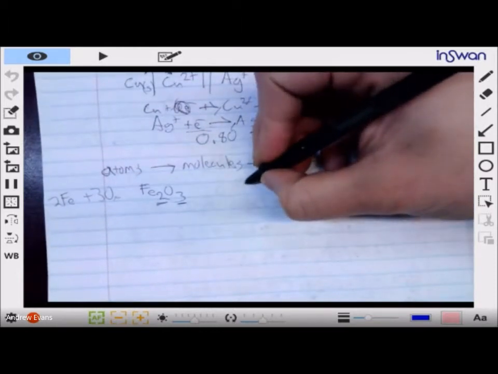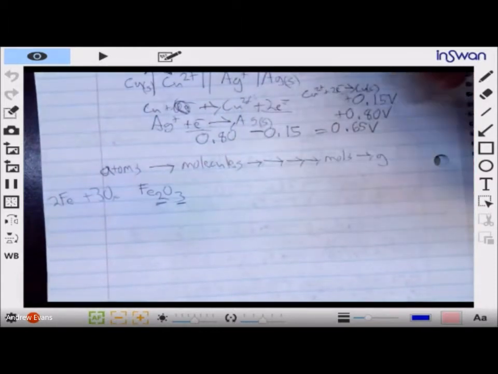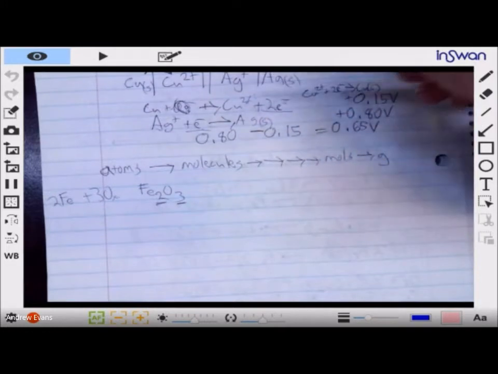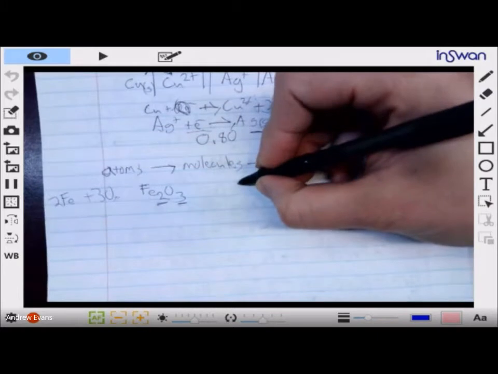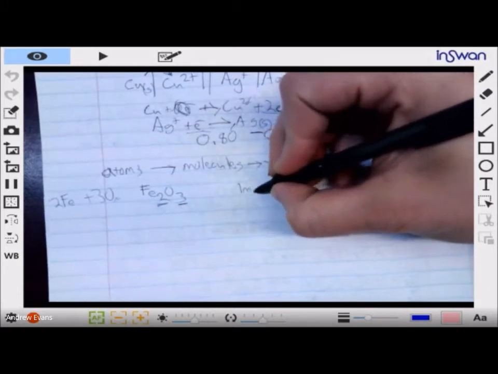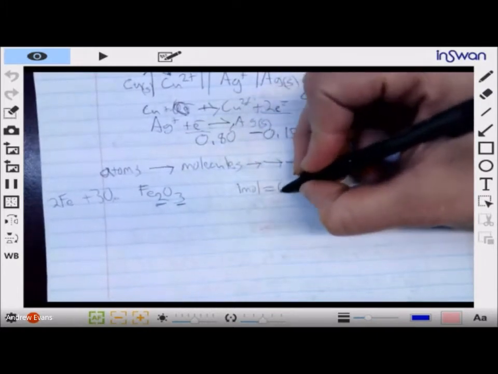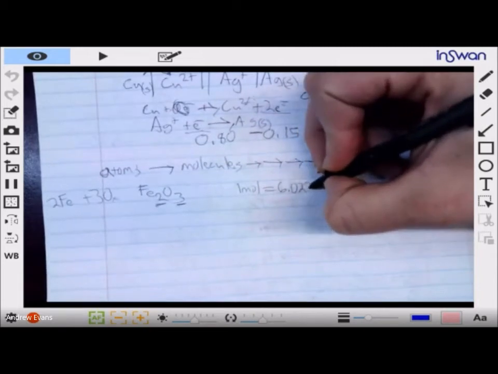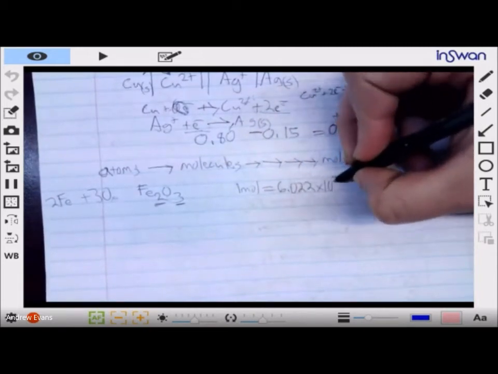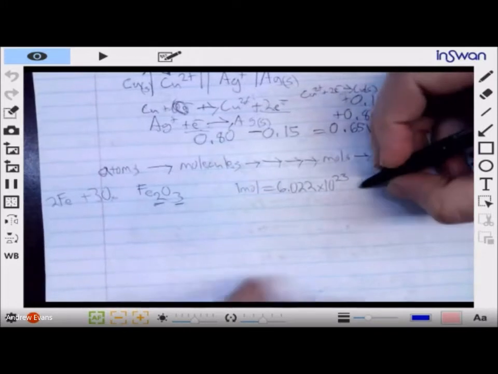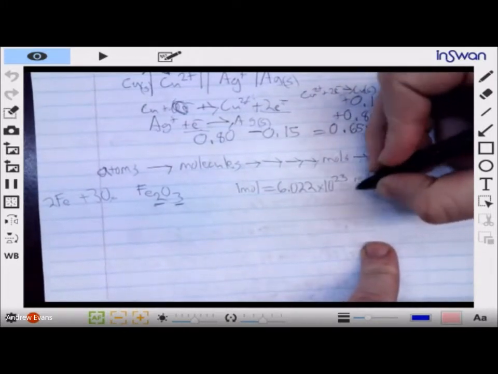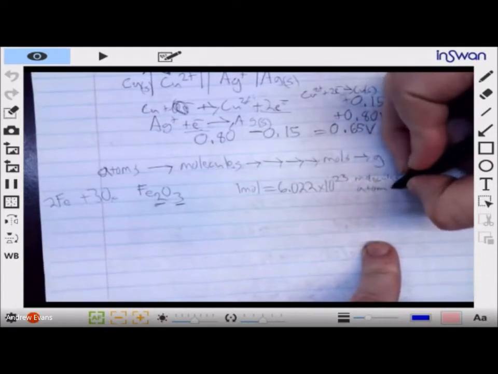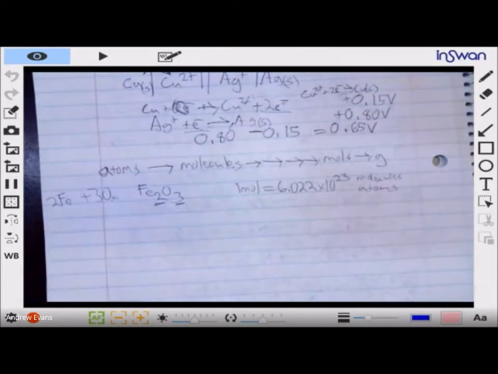A mole, remember, is a convenient way of measuring a lot of molecules, a lot of atoms. 1 mole is equal to 6.022 times 10 to the 23rd of something. This could be molecules, it could be atoms, it could be anything. It all depends on what we're physically asking for.